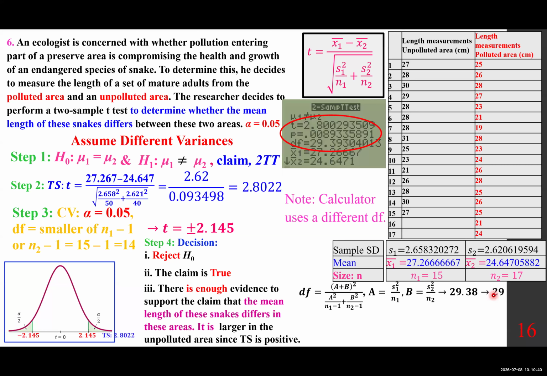So notice the p-value here. The p-value would be the area to the right of the test statistic, everybody. This area, to the right of the test statistic.